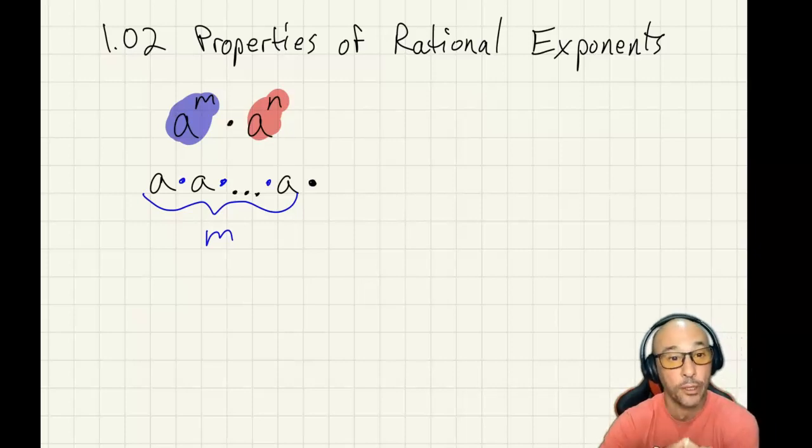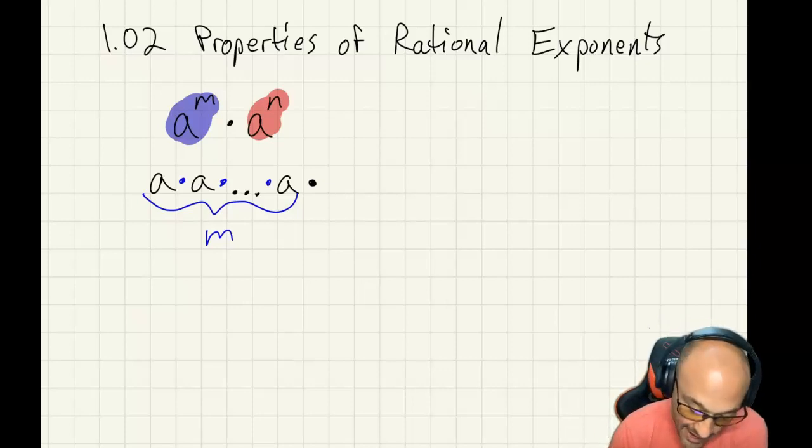The other ones are in blue. And then now when we're looking at a to the n power, what we're saying is we are multiplying a by itself now n times. So whatever number n is, there will be that many a's.